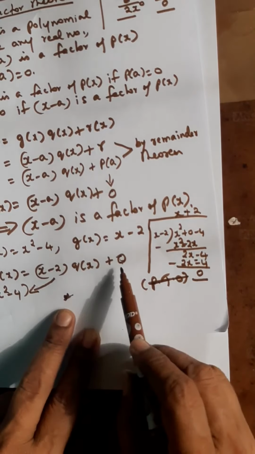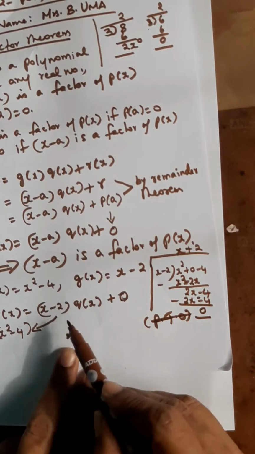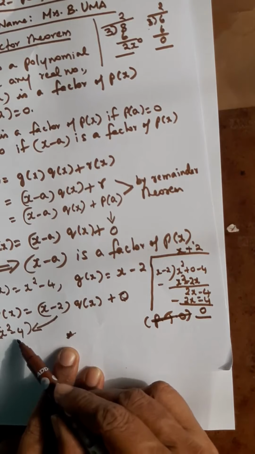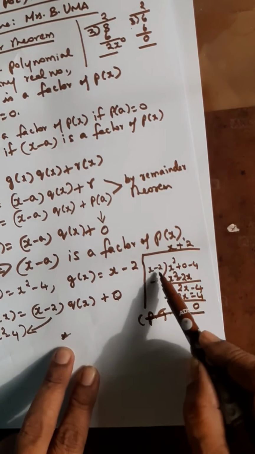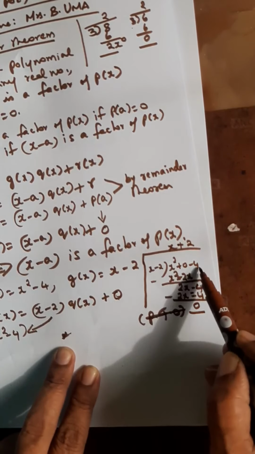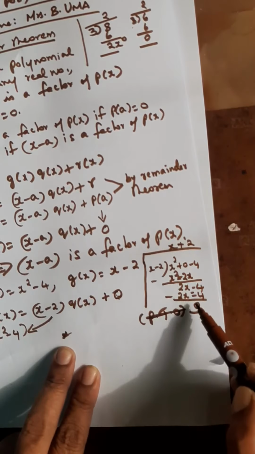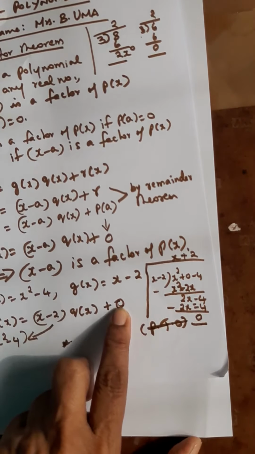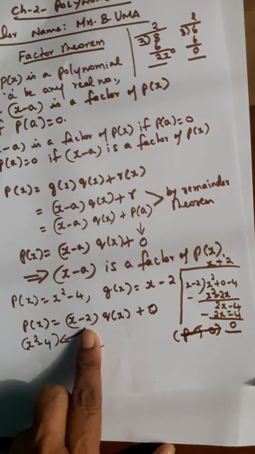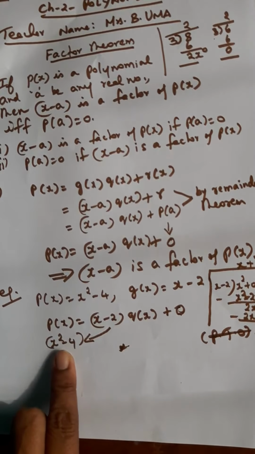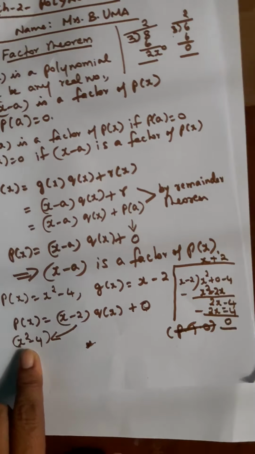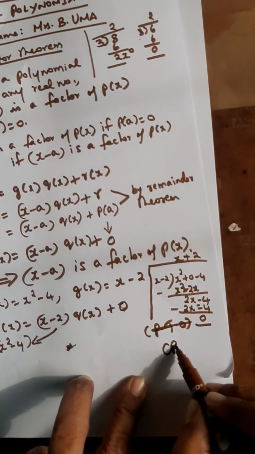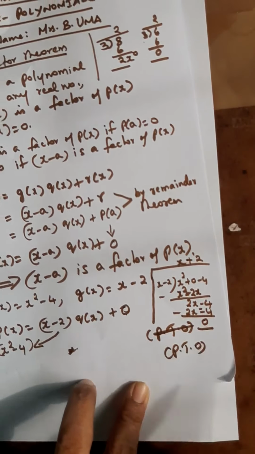So I checked that when the remainder is 0, x minus 2 becomes a factor of x squared minus 4. Correctly, it is dividing and we are getting 0. So when the remainder is given as 0, automatically the divisor should become a factor of its dividend. This is what I showed through the example.